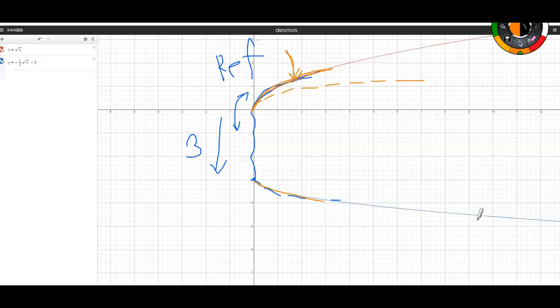Looks like the baby picture. And if you reflect it upside down, it will look exactly like what we have here for the baby picture. Okay, so here we have going down 3, reflection, and compression.